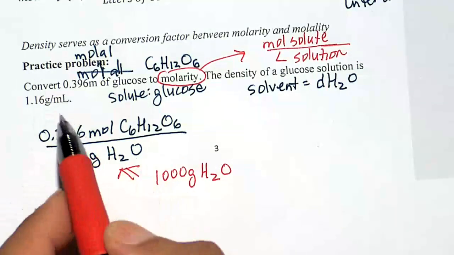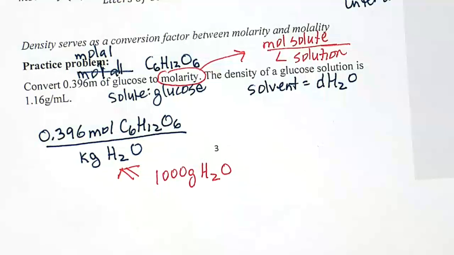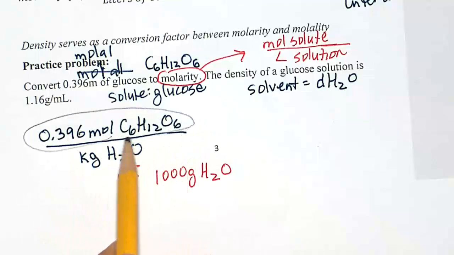Let's go ahead and convert the 0.396 moles of glucose into grams of glucose.